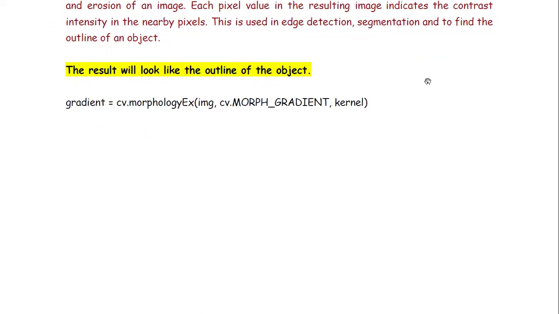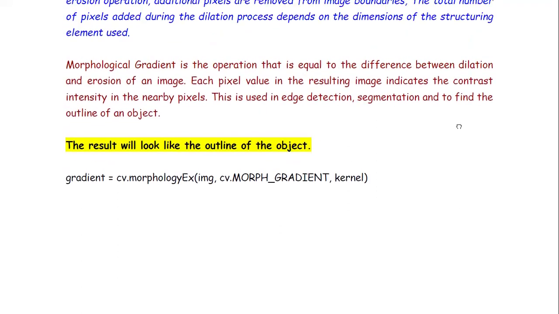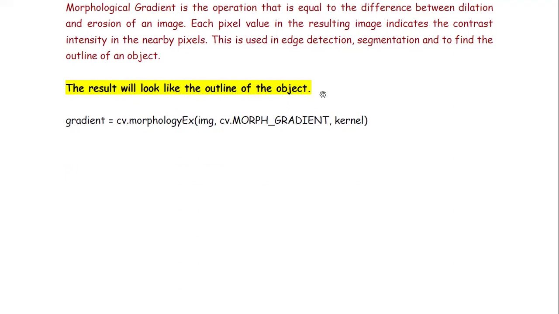Now, if we go for implementing this using Python, in OpenCV, we have to use this particular function. First, cv.morphologyEx, this function we have to use for the morphological operations, and under that, cv.MORPH_GRADIENT. So MORPH_GRADIENT is the operation which will perform the morphological gradient on the image that you pass to this function.